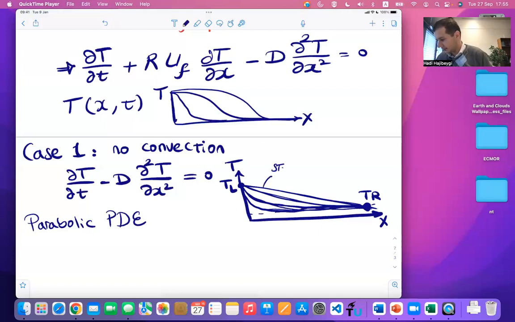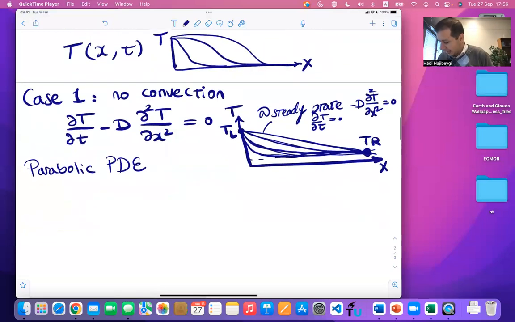That's a steady state. Steady state means the change of the temperature over time is 0. At steady state, minus the second derivative of temperature with respect to x will be 0, because at steady state, the change over time of temperature is 0.